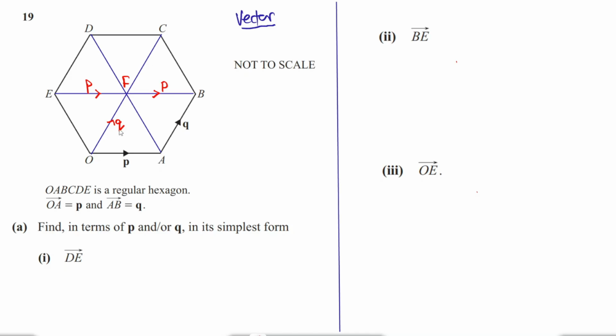And moreover, if this is Q, if you see carefully, this is exactly opposite to that. Since it is a regular hexagon, all sides are equal and all angles are equal. In that sense, what we can say, if this is Q, then DE can also be taken as Q. Do not forget to put the arrows here.